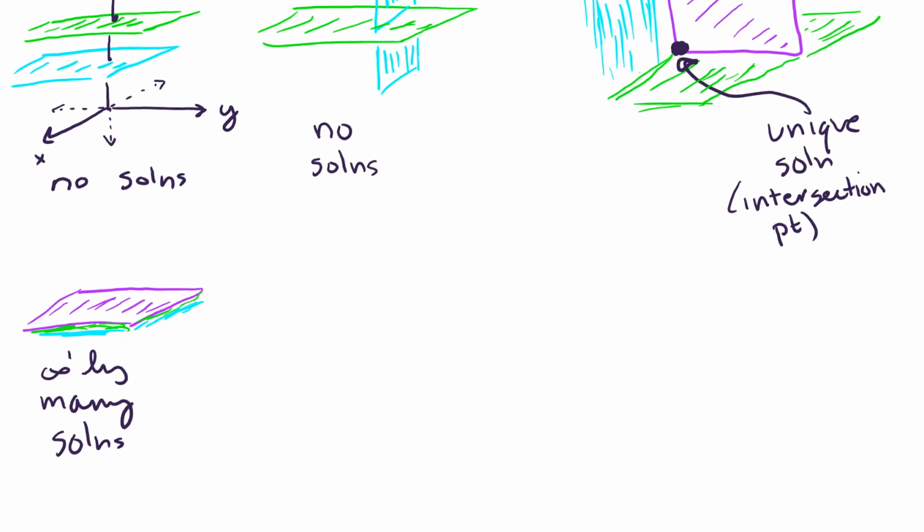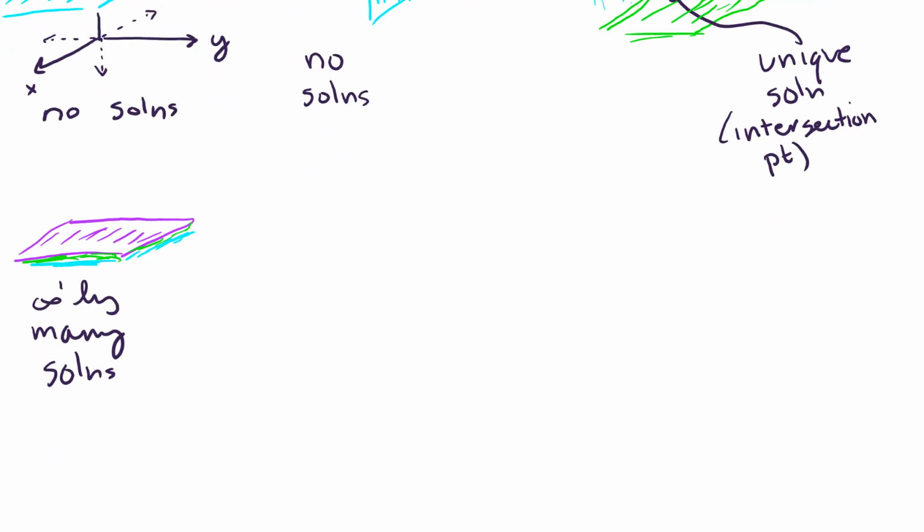We can also get infinitely many solutions in another manner. Let's compare these 2 examples. Here's a different scenario where we've got 2 planes that are coplanar. We'll put the purple one and the green one together. And then this third plane slices down through that plane.